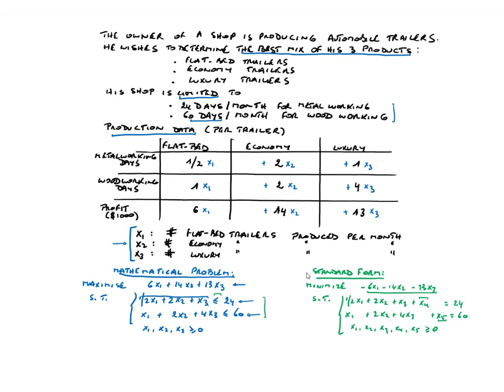So you have three operational variables, x1, x2 and x3, and two slack variables, and of course they are constrained to be larger or equal to 0, and this is the problem in its standard form.